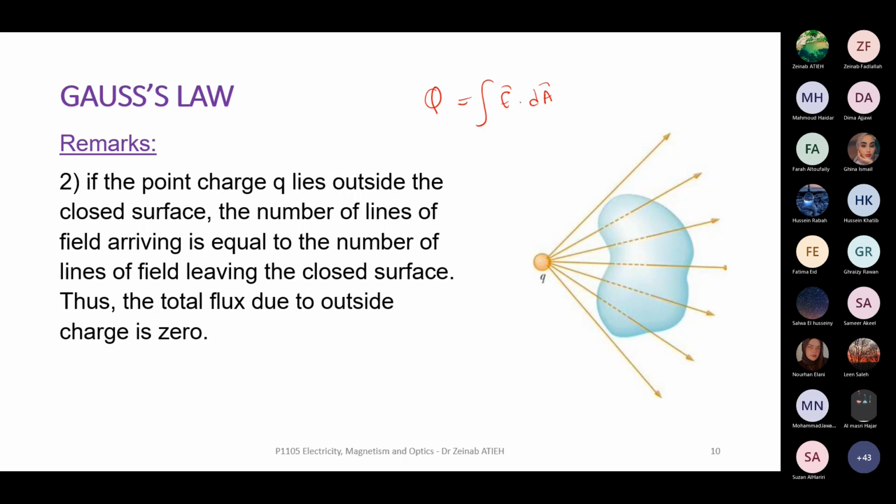And we agreed that if the lines of field are arriving, the flux will be negative, and if they are leaving, it will be positive. So because the number of lines of field entering a closed surface is equal to the number of lines leaving that surface, we will get a zero electric flux crossing this surface.